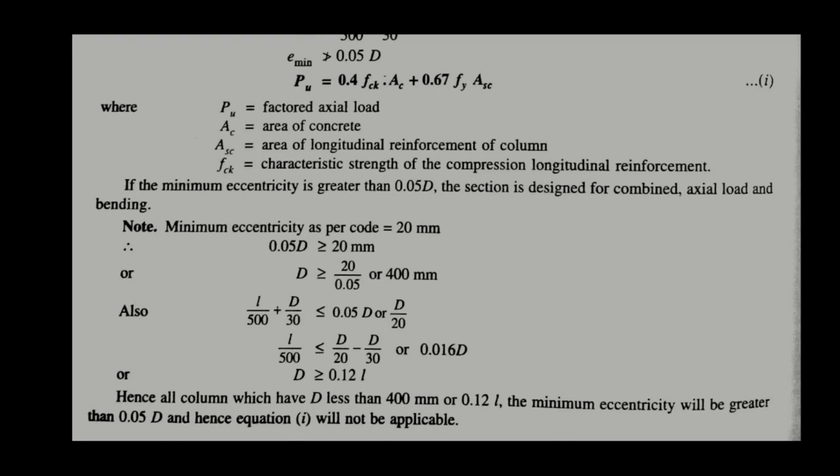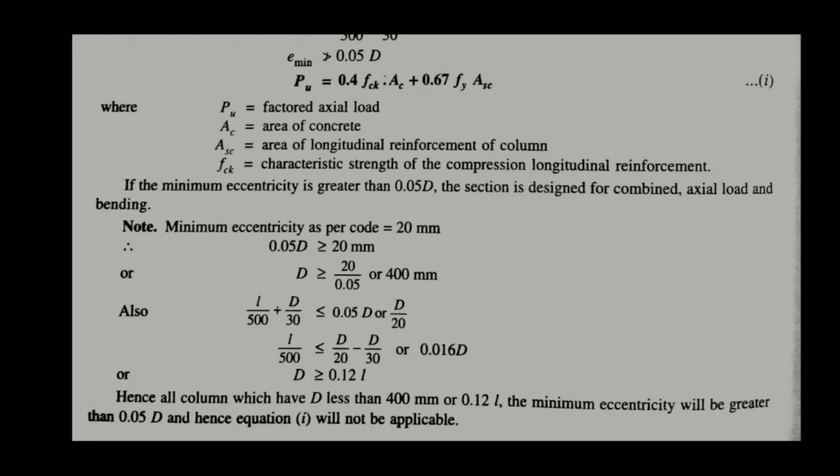So, D is greater or equal to 20 by 0.05, or 400 mm, and here D is lateral dimension, as you know. Also, L by 500 plus D by 30 is less or equal to 0.05 D or D by 20.